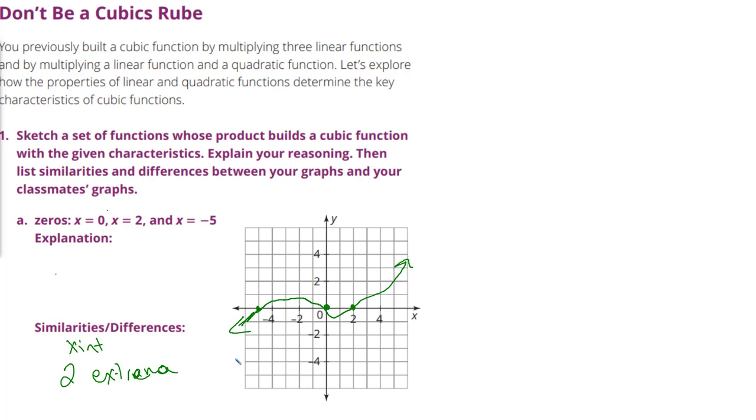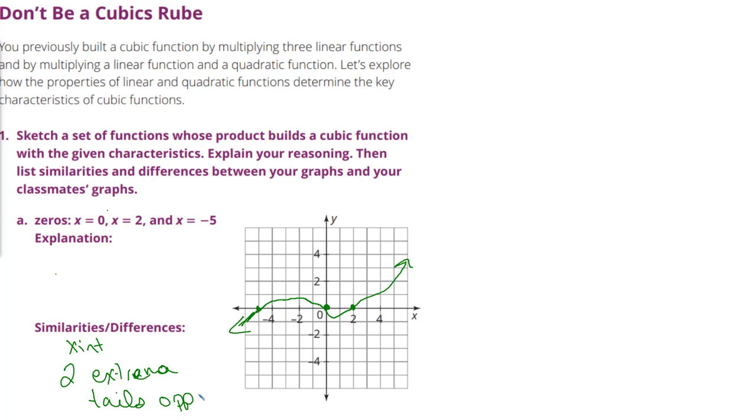Did we all have our tails go opposite directions? Yeah. Did we all have all domain? Mm-hmm. Okay. Did we all cover all range? Yeah.